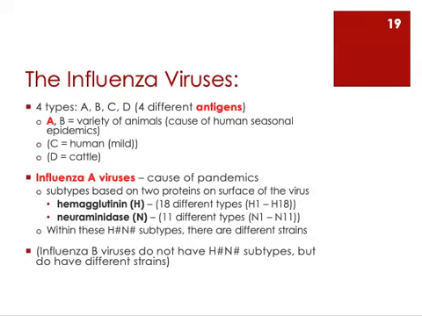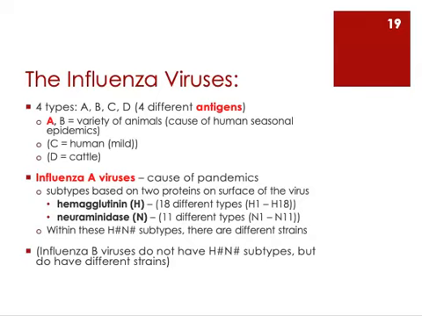Influenza viruses fall into one of four groups, what we call A, B, C, and D. Now, the reason that they are put into these four groups is because different types of influenza have different antigens on them. Now, all an antigen is a molecule that is capable of stimulating an immune response in the host organism.